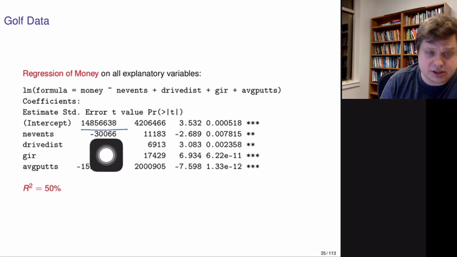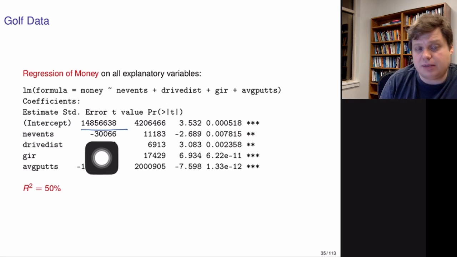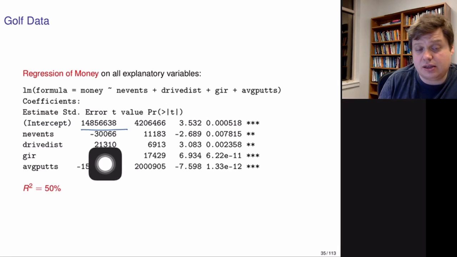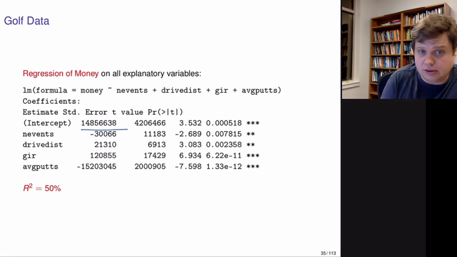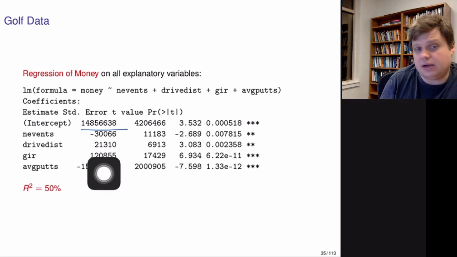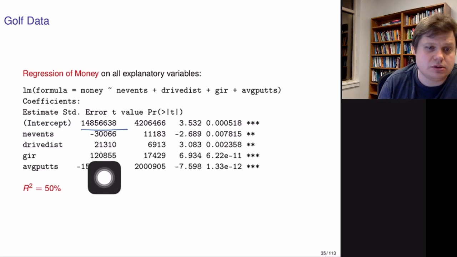So it's essentially the relationship between top players and non-top players. That's why top players would make more, because they will win those top events. Drive distance is positively related. Yes, the longer your ball flies, the better player you are and the more chances of winning a tournament.